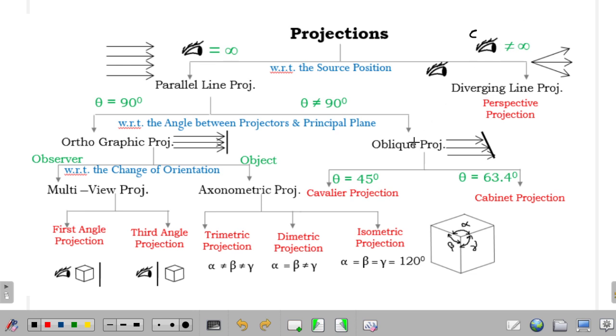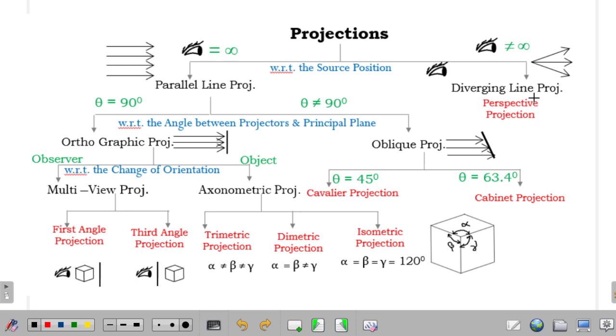Nowadays, in the majority of seminars we observe a projector. That is also an example. Here the rays are going to be diverging. So whenever the observer is at finite distance, the corresponding projection is called diverging line projection.